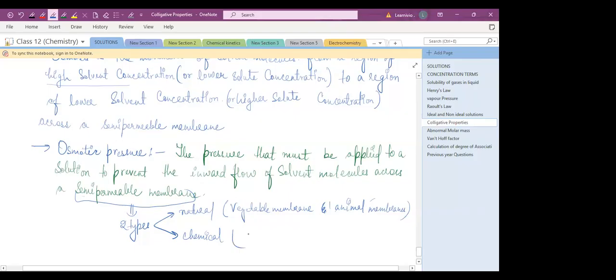For chemical based we use copper ferrocyanide, silicates of iron, cobalt, and nickel. Right, so these are chemical or artificial types of membranes.